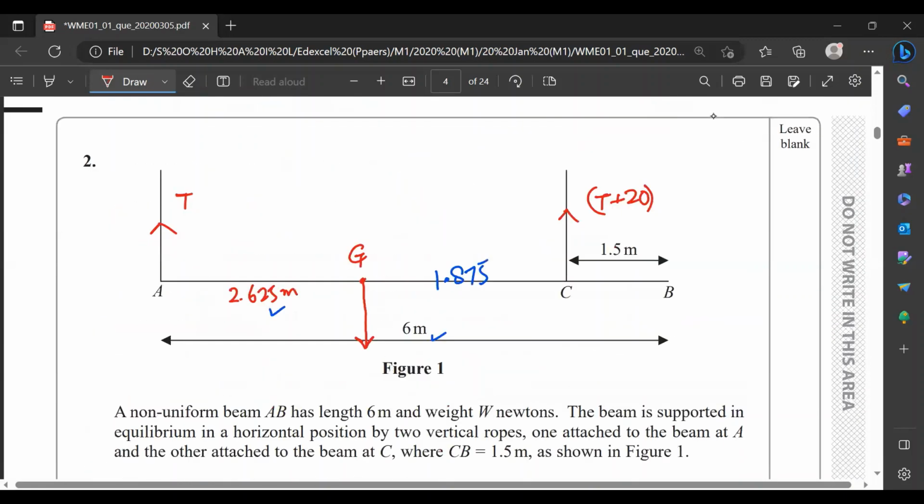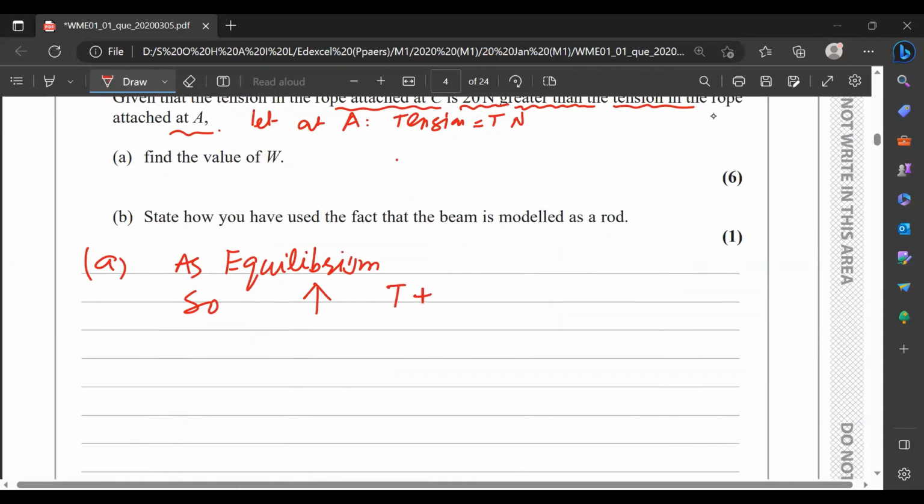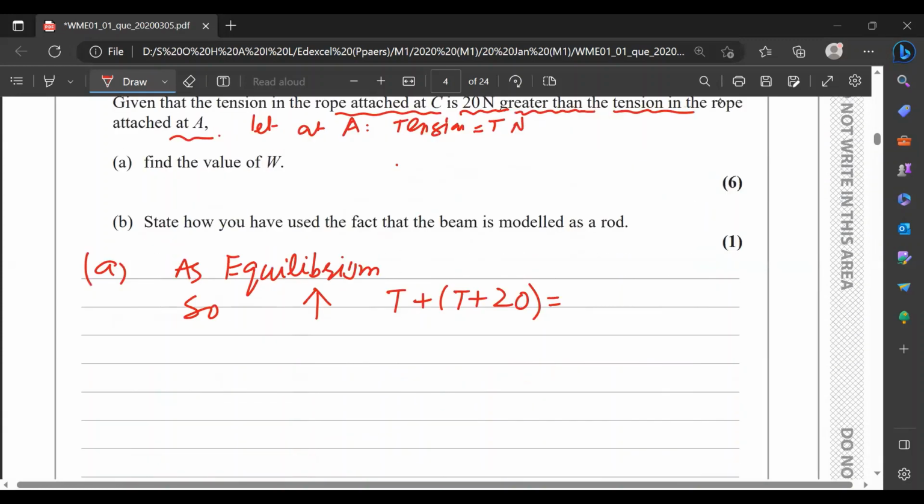The upward forces are T plus T plus 20, and the sum of upward forces equals the sum of downward forces, which is W. So 2T plus 20 equals W. This is equation 1.